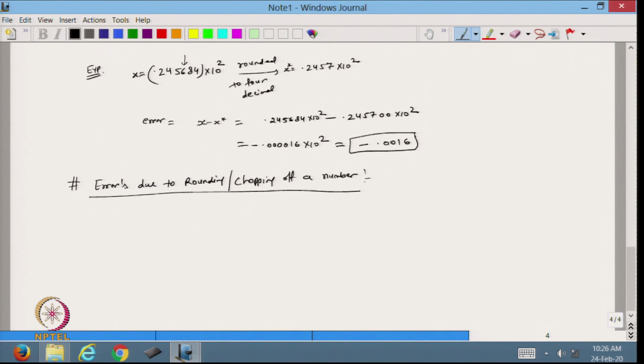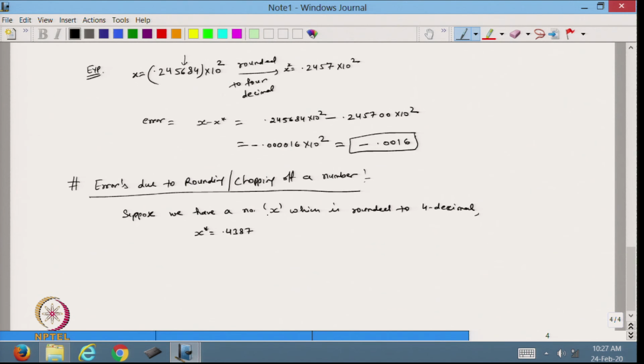So, how much error can we find when we round off a number or chop a number? Suppose we have a number represented by x, which is rounded to 4 decimals, and let the number we get be x star equal to 0.4387.